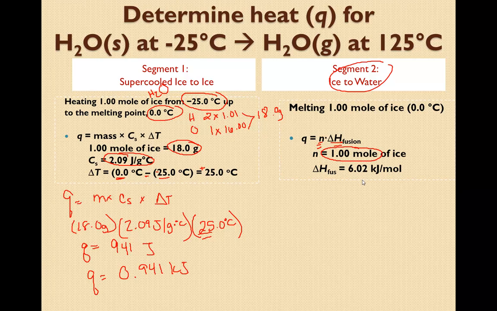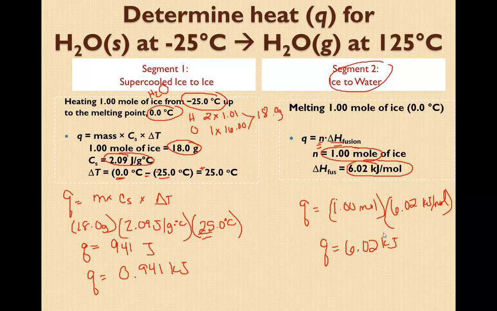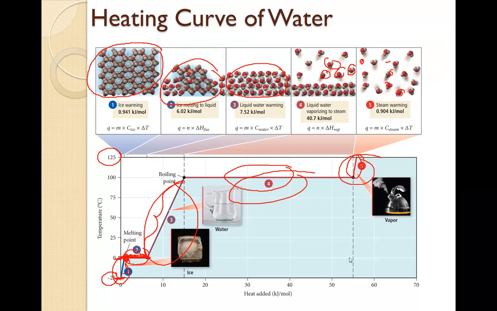The delta H of fusion is 6.02 kilojoules per mole. So that's going to be 1.00 moles times 6.02 kilojoules per mole. That comes out to be 6.02 kilojoules. Now we are right here on our curve.